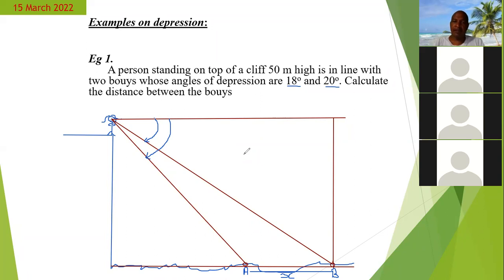So from the horizontal line, the top one is 18 degrees, the second one is 20 degrees. All right, so up here should be 18 degrees. And this one that meets this one down here should be 20 degrees. All right. Everybody following so far?